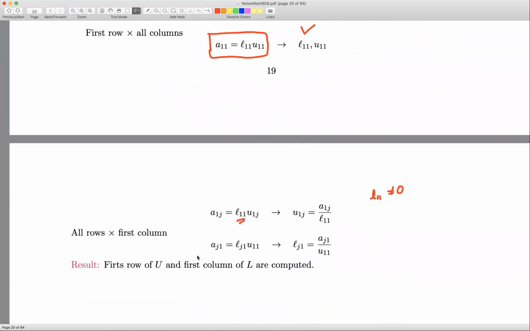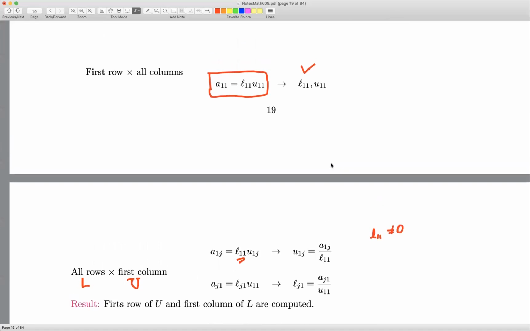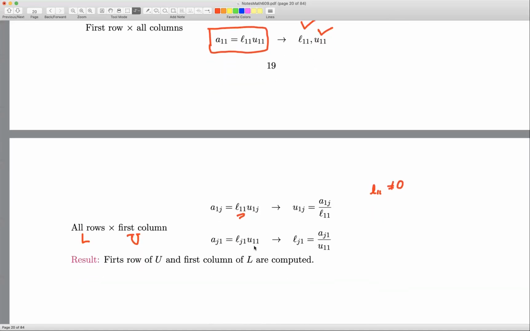And therefore, all rows of L times the first column of U, we'll have Aj1 is equal to Lj1 times U11. But U11 has already been computed here, so we know U11, and therefore from here we will have Lj1.